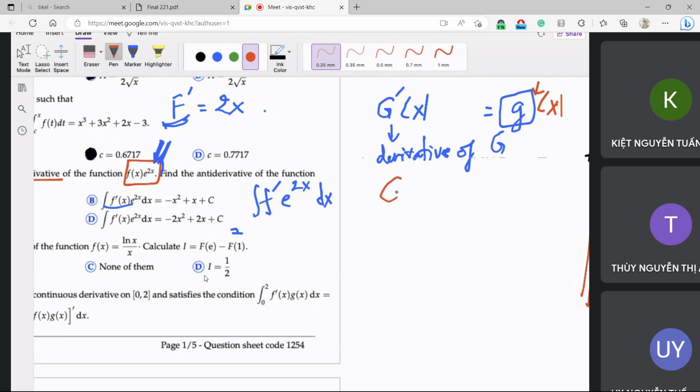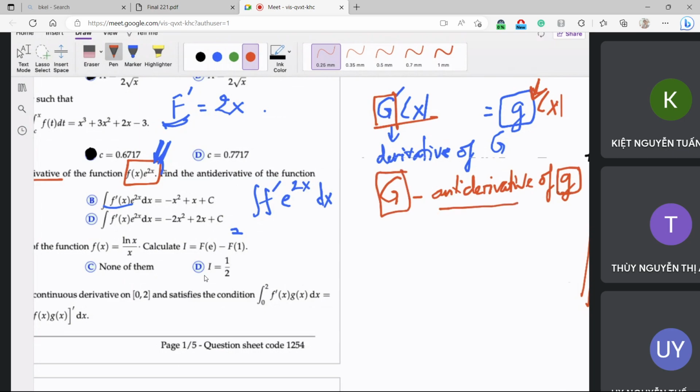So the big G, we call it the antiderivative of g. So the lowercase g is the derivative of the big G. It means that the big G is the antiderivative of the small g. Got it?